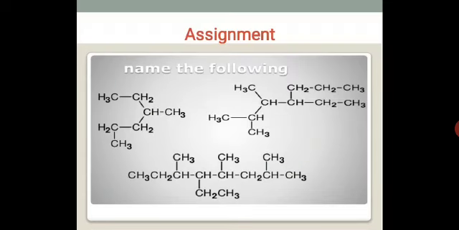Now, before the next class, I want you to just practice by attempting to name the following compounds. The instructions have been given. And you put into practice all you've learned today in assigning priority, naming the carbon atoms, numbering the carbon atoms, identifying the longest possible chain, then writing the name, taking into consideration the alkyl groups, the position.